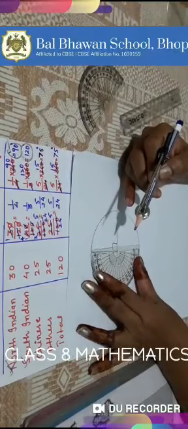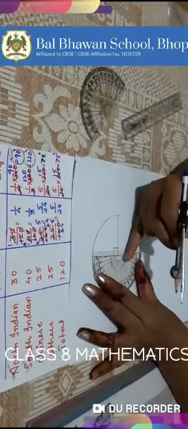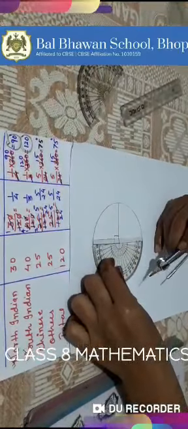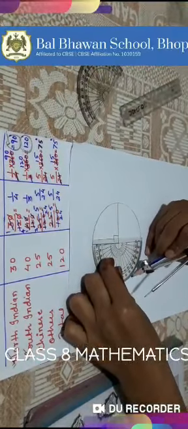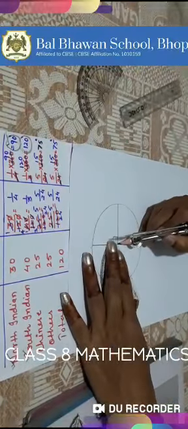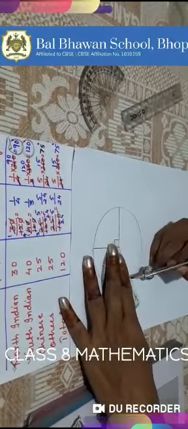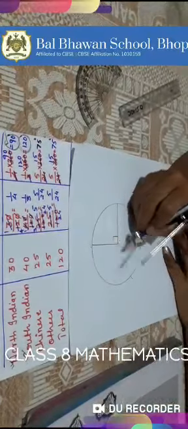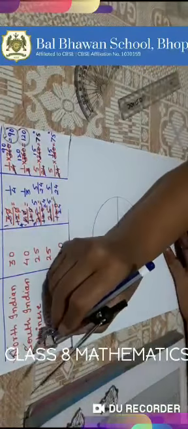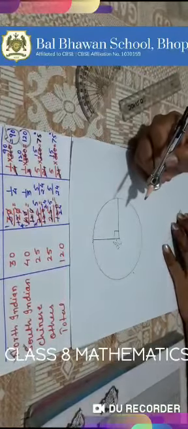And children, we have to draw a 120 degree angle, and 120 degrees is an obtuse angle, so it will come this side. Now join the points, this and this point. So this sector is of 120 degrees, which shows South Indian food.